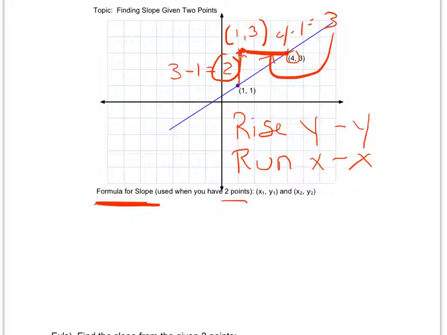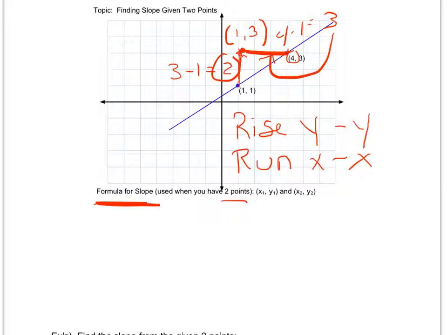So instead of saying, like I did up here, y minus y and x minus x, we want to differentiate that they're different y's and they're different x's. So we are going to be taking 2 points. Say the first point has our first x value, call it x1, and our first y value, call it y1. And my second point has my second x value and my second y value, x2 and y2. That's all those little subscripts mean.